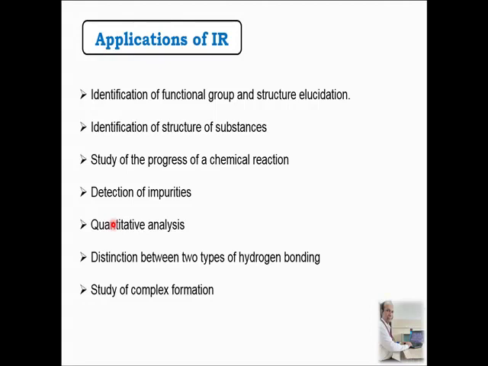There are two possibilities for a penicillin structure: beta lactam and oxazolone. IR absorption bands confirmed the penicillin structure as the beta lactam and ruled out the oxazolone structure, as beta lactam and oxazolone both show a strong band at 1770 centimeter inverse.